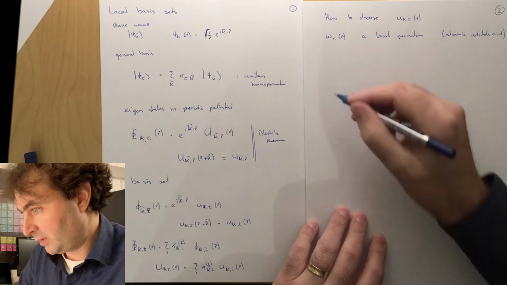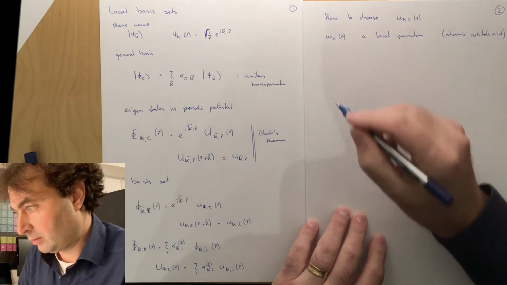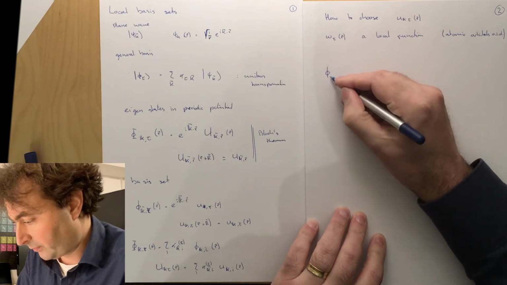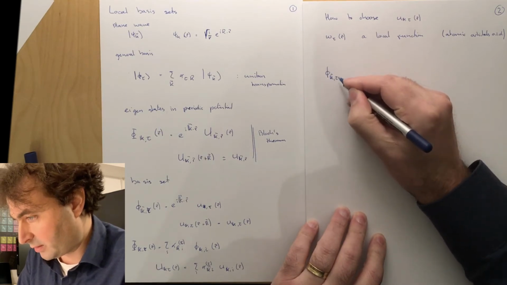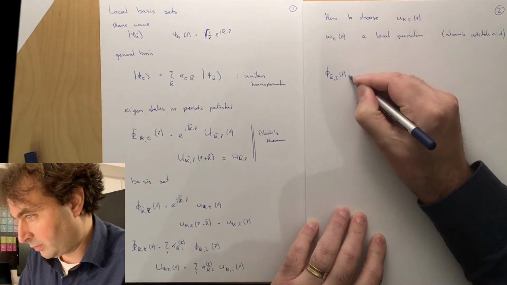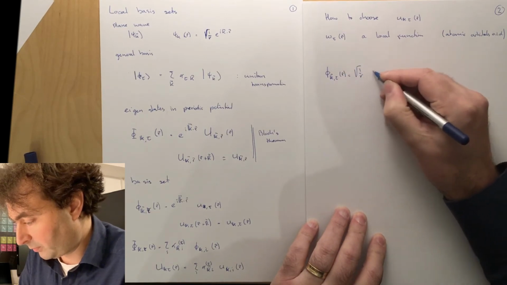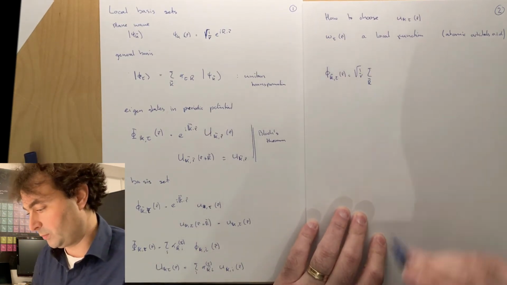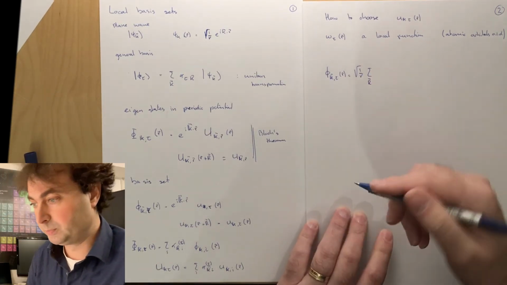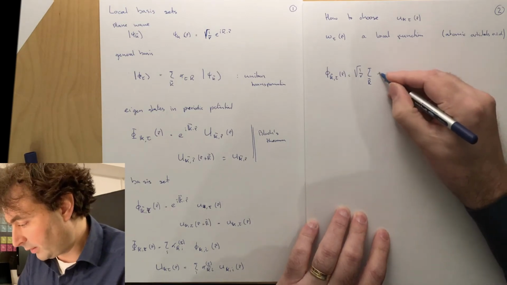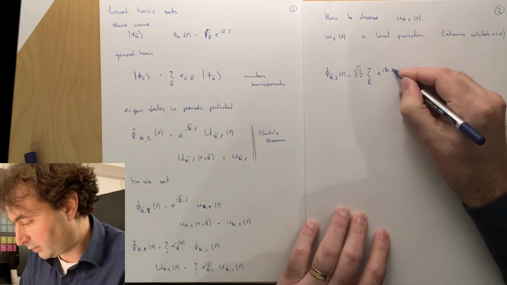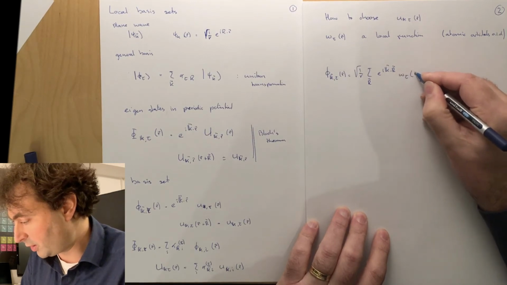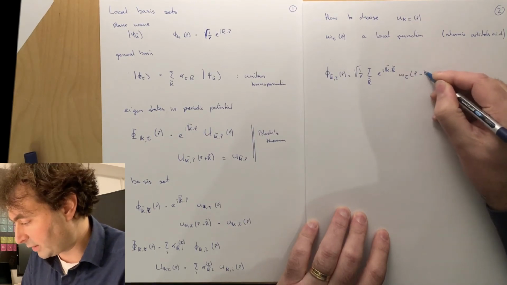Now from these local functions, we can build a periodic function. And our basis set is now going to be a sum over all lattice vectors, normalized to the number of lattice vectors, the volume, and then e to the i k dot r, and then our local function shifted by the lattice vector.